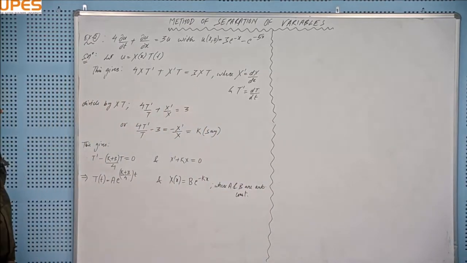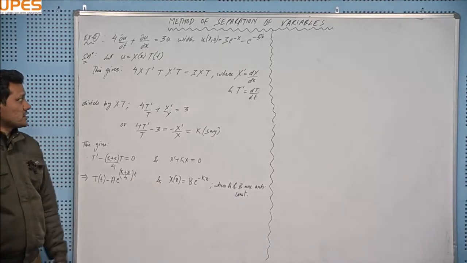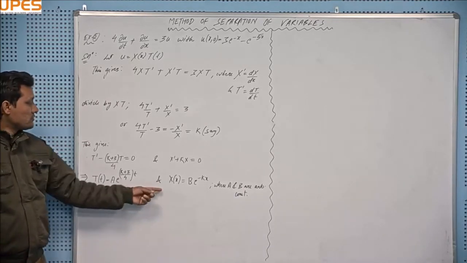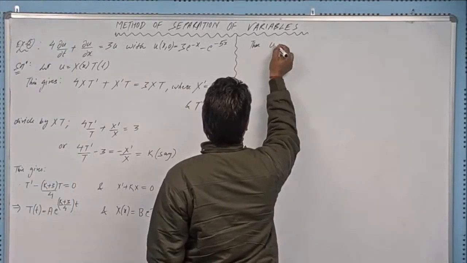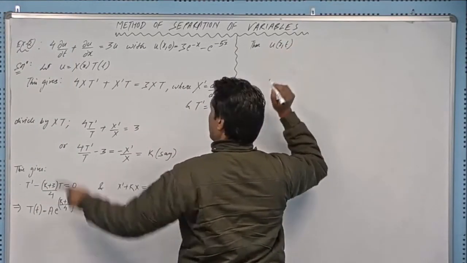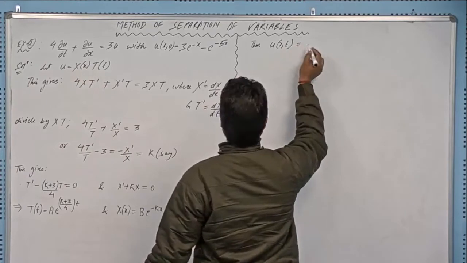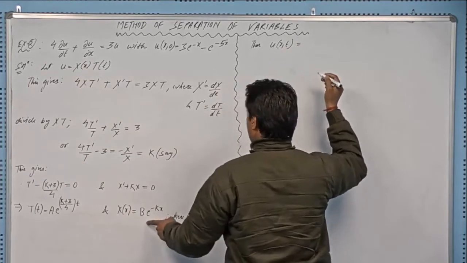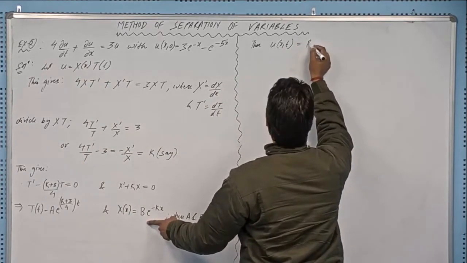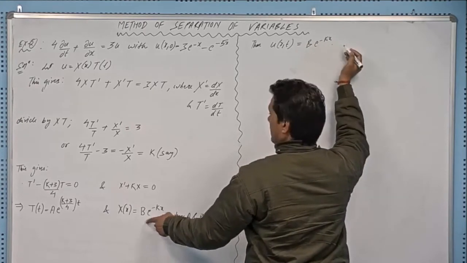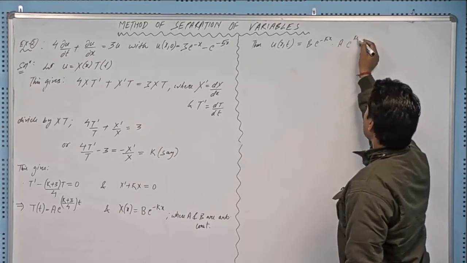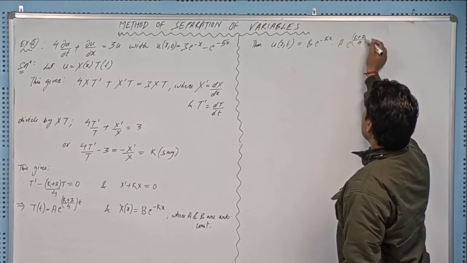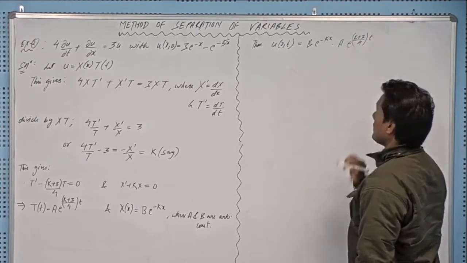Okay, fine. So after finding capital T and capital X, I should substitute these functions in my solution. Then u as a function of x, t should be equal to the value of capital X, that is capital B times e to the power minus kx, and the value of capital T, that is capital A times e to the power (k+3)/4 times t, right?